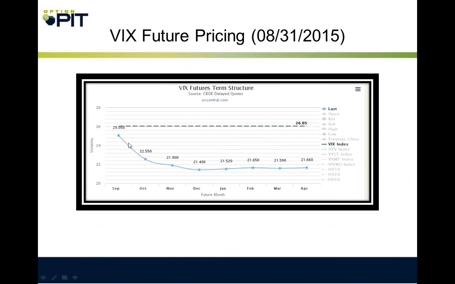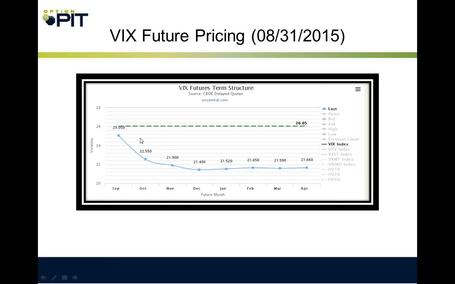And likewise, right now, in this picture, September is trading at a premium to October. So if I do a 25 calendar spread in calls, my October calls are out of the money and my September calls are in the money.